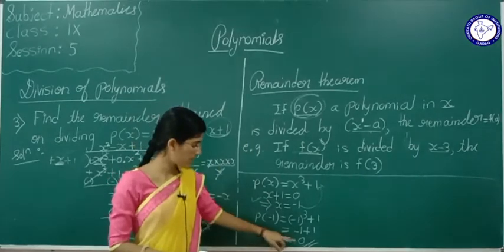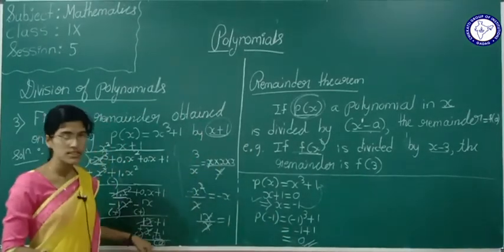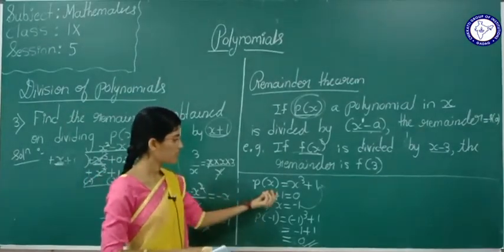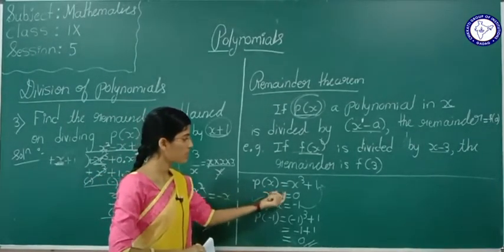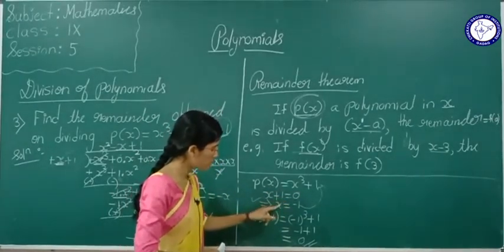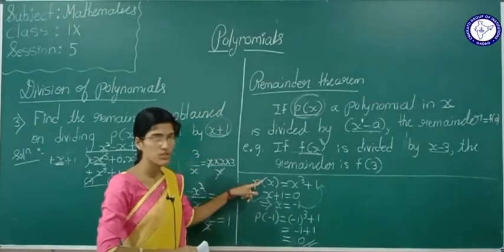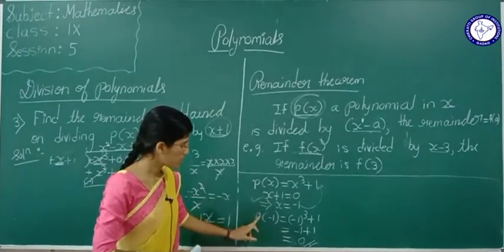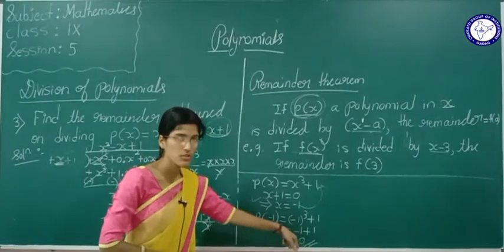Here the remainder is 0, and here also the remainder is 0. Now what do we have to do? We have to equate the divisor with 0, and whatever value you get, you substitute in this polynomial. Now see, p of minus 1 is equal to 0.